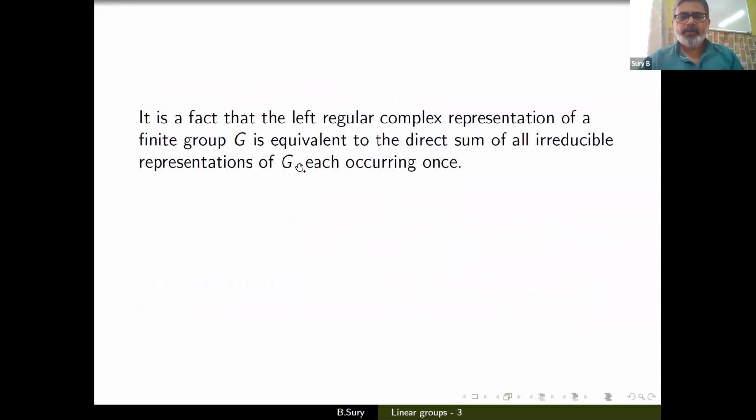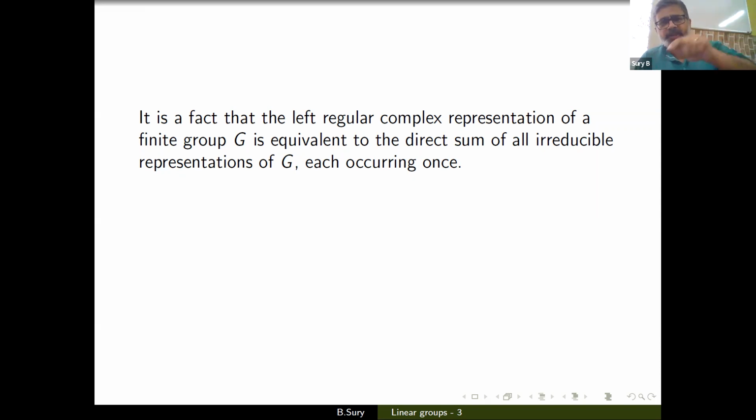Okay. So let me not say too much more about finite group representation theory. One must mention a very basic fact about the left regular complex representation, which I mentioned earlier also. We have a group G of order n. Then you take C to the n, a vector space of dimension n, whose basis we parameterize by the elements of G. The elements of G are g1, g2, ..., gn.